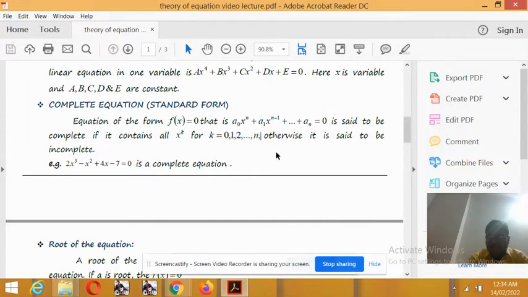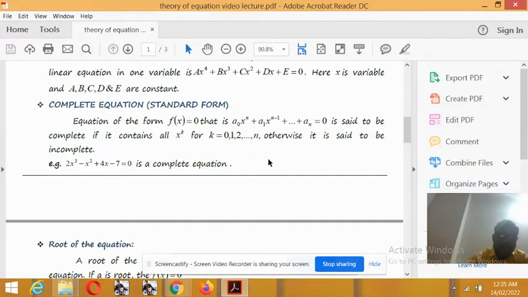What does this actually mean? If an equation is said to be a complete equation in one variable, then we need all degree terms present in the equation. Just like this example: 2x cube minus x square plus 4x minus 7 equal to 0. This equation has all degree terms.